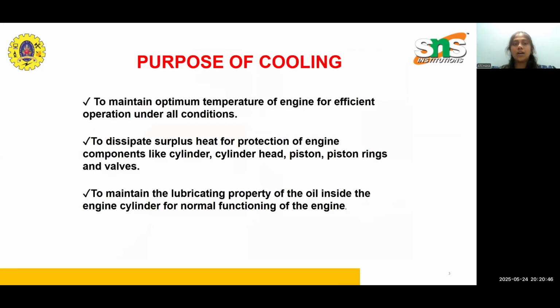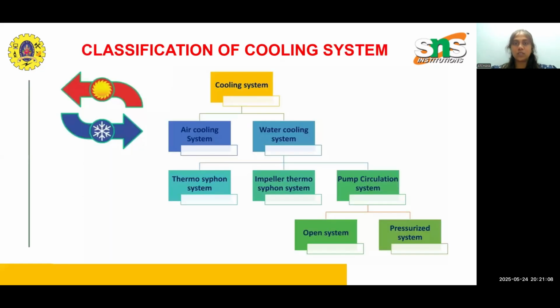The purpose of cooling, as I discussed in the earlier slide, is to maintain the optimum temperature of an engine for efficient operation, to dissipate the surplus heat produced, and also to maintain the lubrication system.